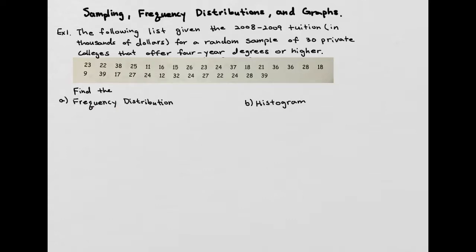In order to find the frequency distribution, I need to be able to differentiate different parts. So let's see what I'm going to do. I'm going to draw the chart. In the first column, I'm going to write the tuition amount.